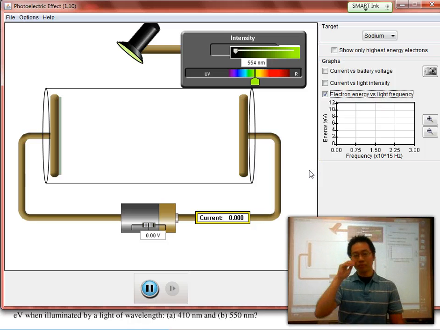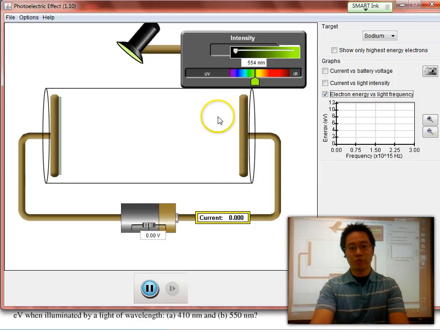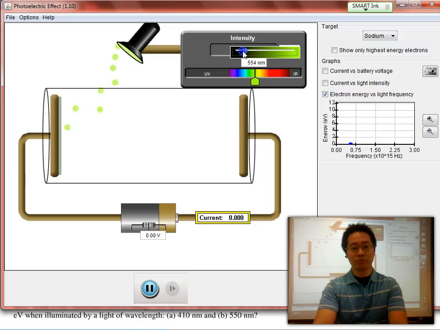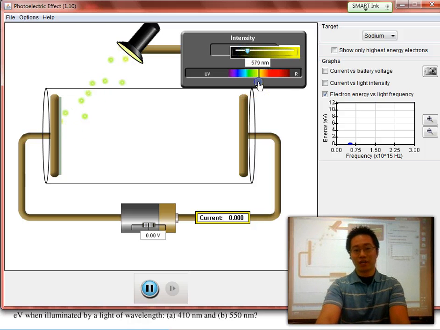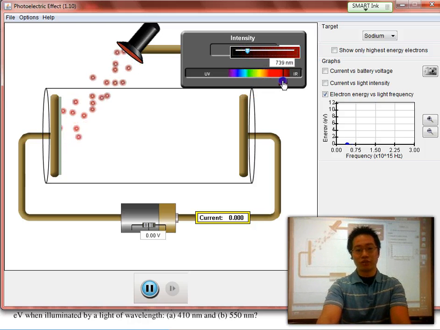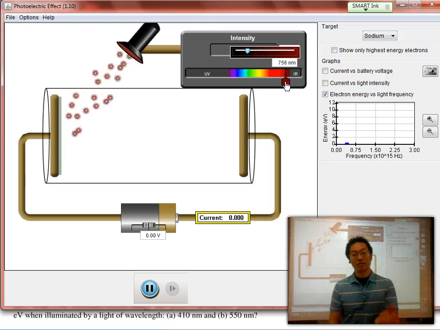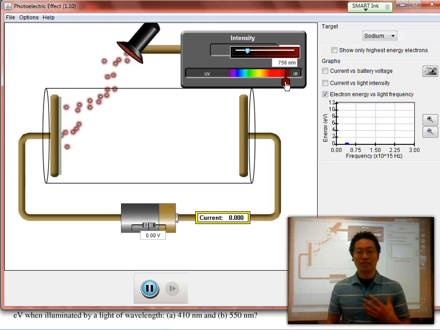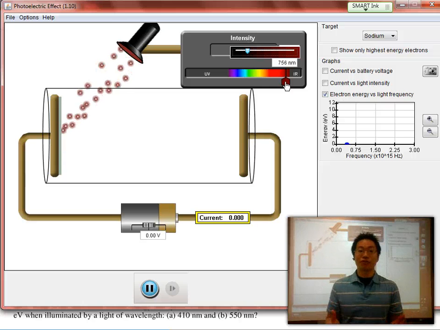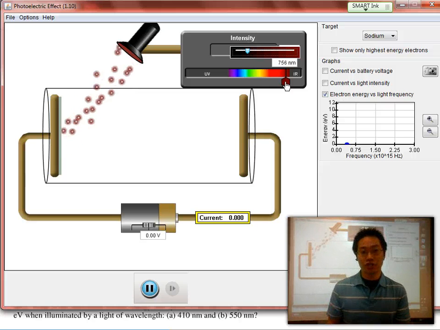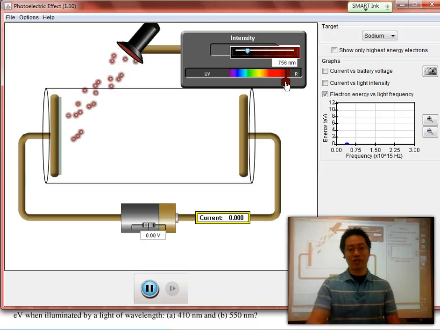Okay. So yesterday we spoke about how when you shoot photons onto a surface, if the frequency is too low, there's not enough energy. That energy isn't enough to overcome the work function of the surface to knock an electron out.